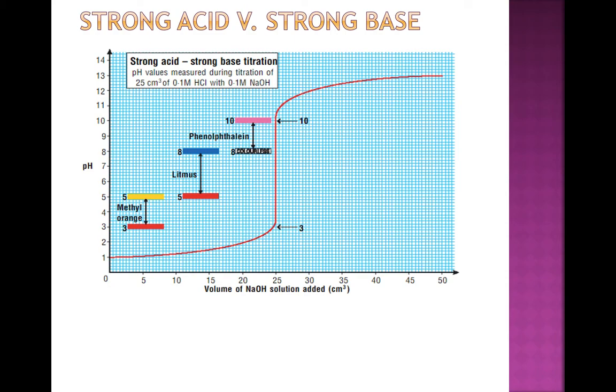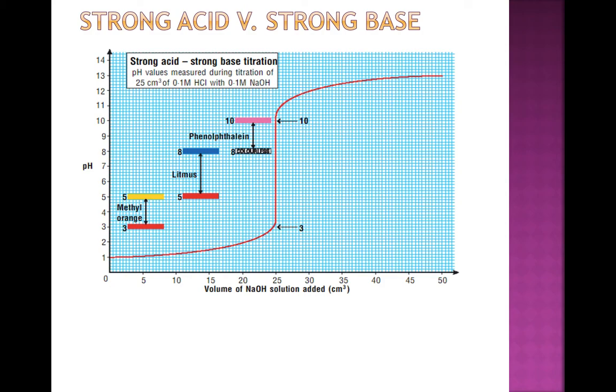Again, just to recap, you're measuring the pH as you add your sodium hydroxide into your hydrochloric acid. Plotting on the x-axis, we have the volume of sodium hydroxide added into your 25 cm³ of 0.1 molar hydrochloric acid. Your hydrochloric acid is starting out at a pH of 1, which you'll see going up on the y-axis.